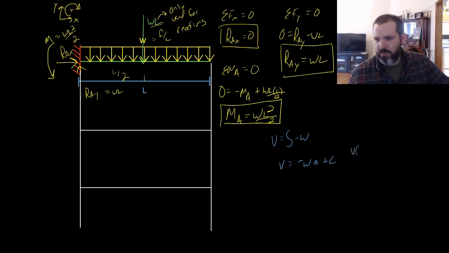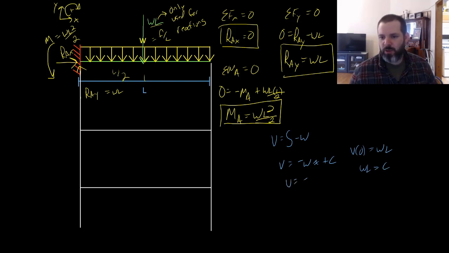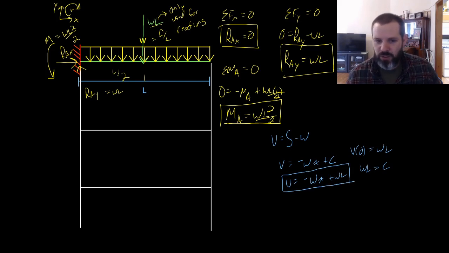So we can say V of 0 equals WL. If I plug in 0 for x, we find that WL equals C. So shear is equal to minus WX plus WL. So at x equals 0, the shear is a positive WL. If I plug in L for x, I find that the shear is 0.